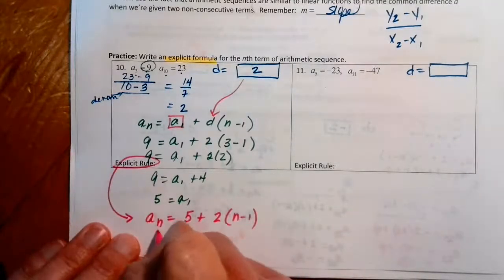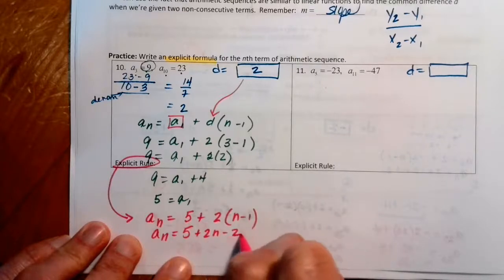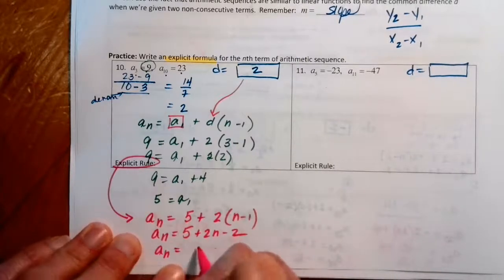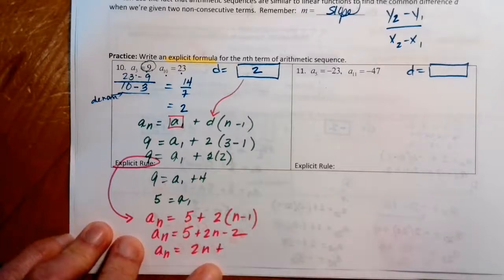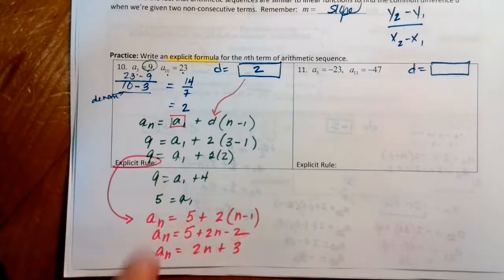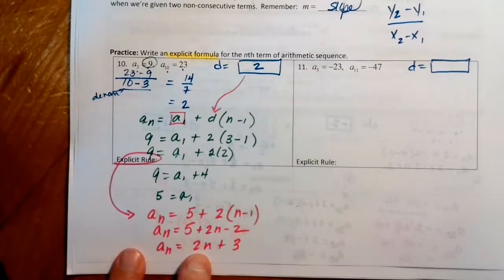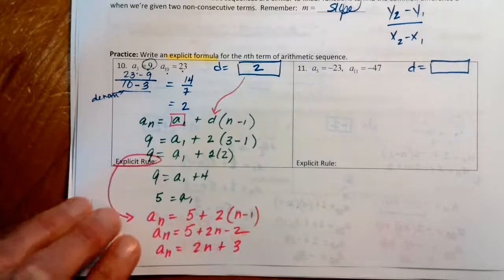And I can continue simplifying. I always have to distribute and then simplify. My 2n will move out to the front because it's a variable term. So I have 2n plus 3. If I wanted to figure out what the pattern was, I have a slope of 2, and then the first term in my sequence was a 5.